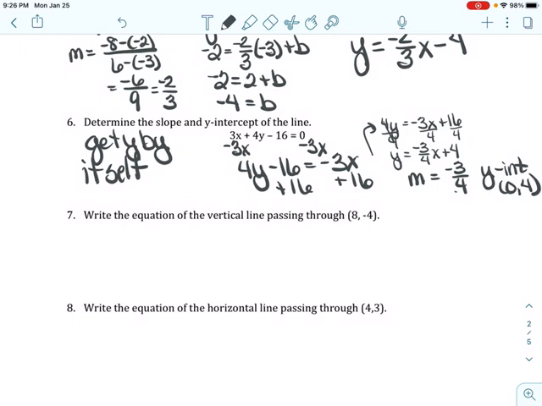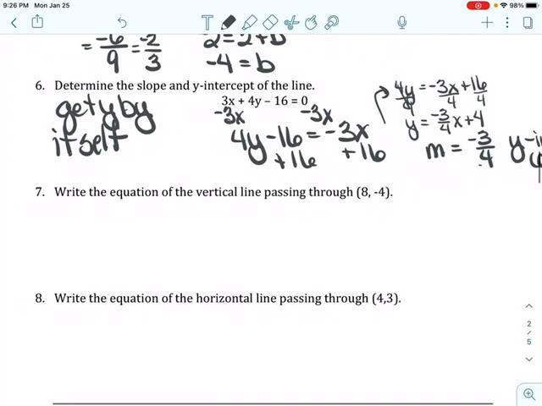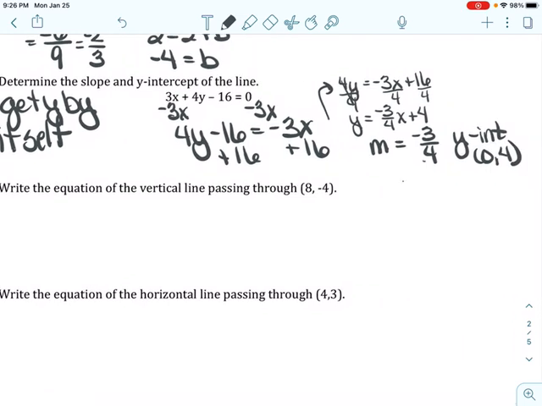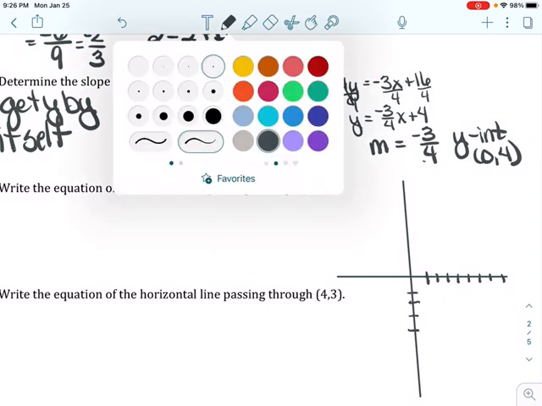All right, now this is where people struggle with the vertical and horizontal. So remember, vertical is about intersecting the x-axis. Okay, so if I plotted this, I'm going to draw a nice graph here because I'm also going to use it for the next one. Okay, so here's over 8, down 4.